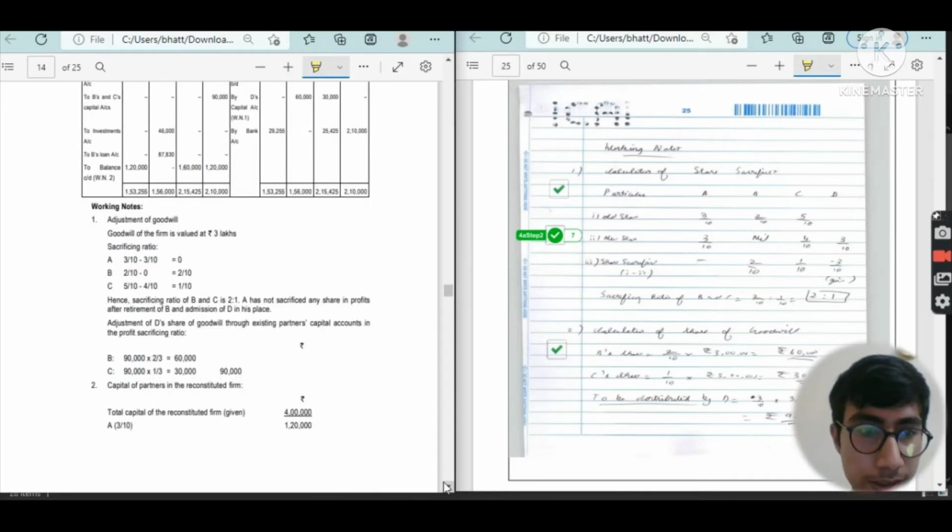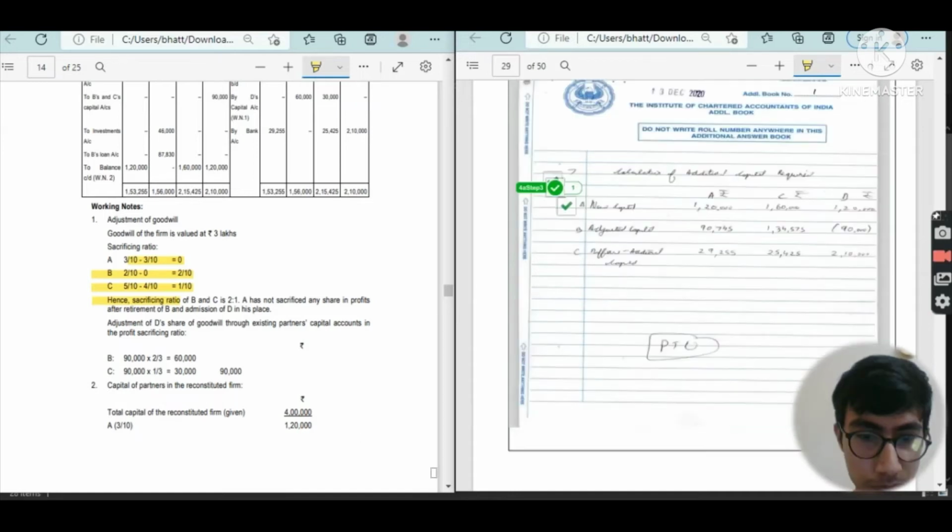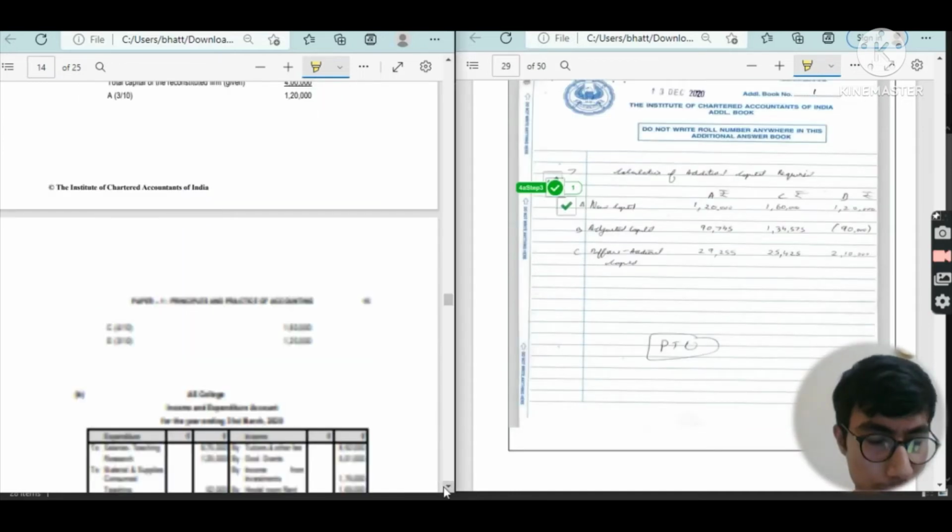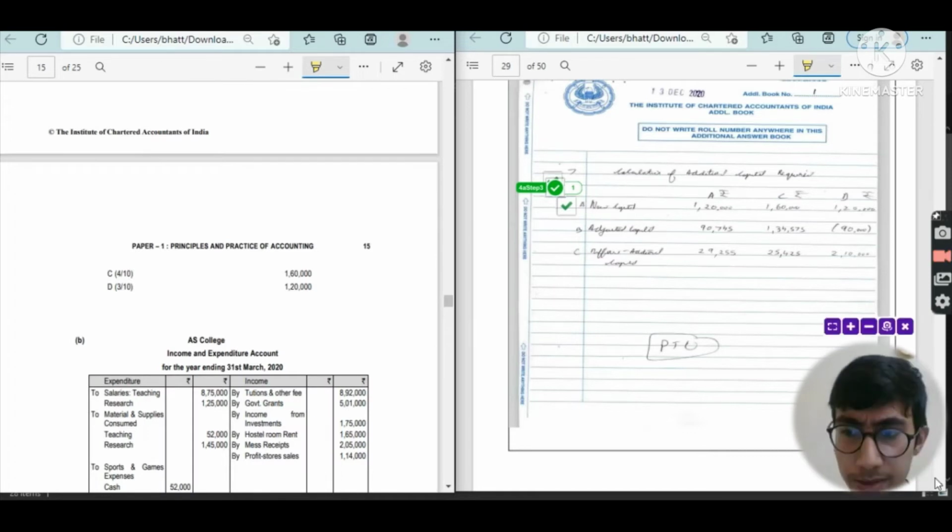Then I have shown this working, the 2:1. Then the total capital of the reconstituted firm, I have also shown what should be the new capital, and adjustments required. So I got full marks in this.